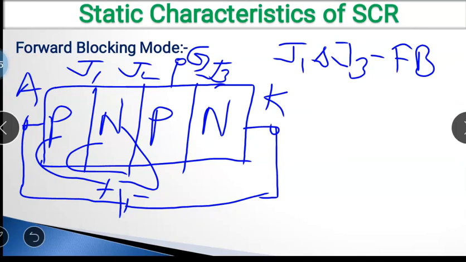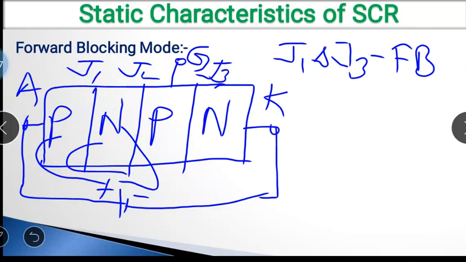So why does this happen, why is current not flowing from anode to cathode? Because for the flow of current we require all three junctions in forward bias.